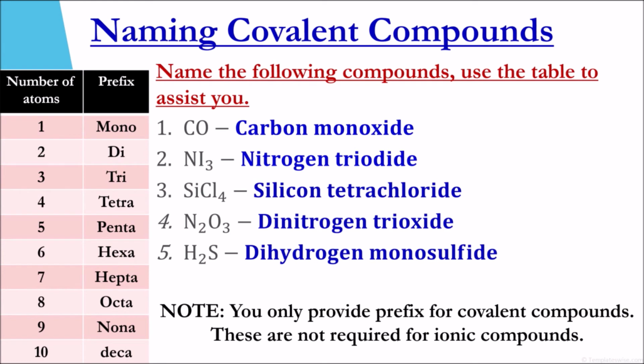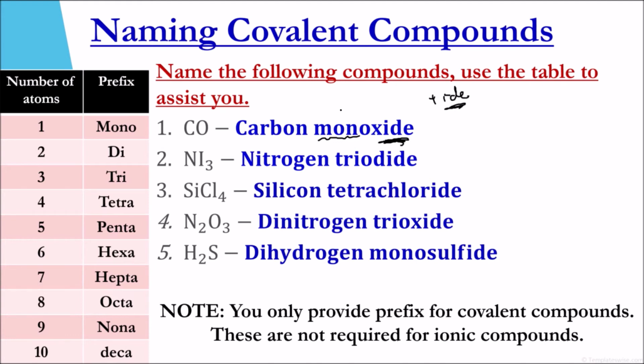Alright, the final component we're going to talk about is naming covalent compounds. Okay, so just a couple of rules. Remember, when naming covalent compounds, the second element, you always replace the last few letters with IDE at the end.